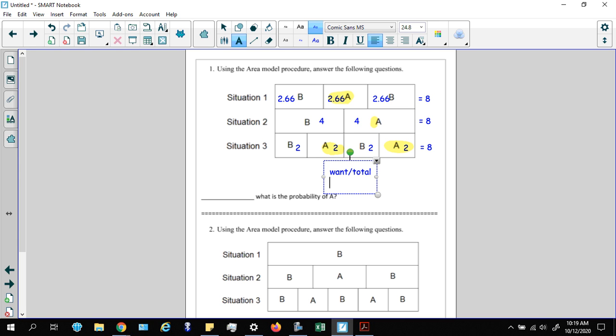I'm going to divide that by the total of everything, which ends up being 24. So 10.66 divided by 24 gives me 44.4%. There you go.